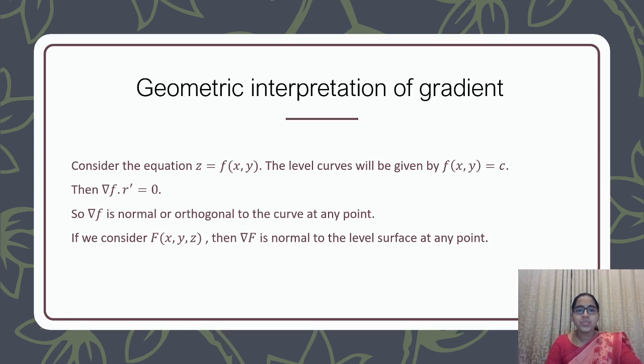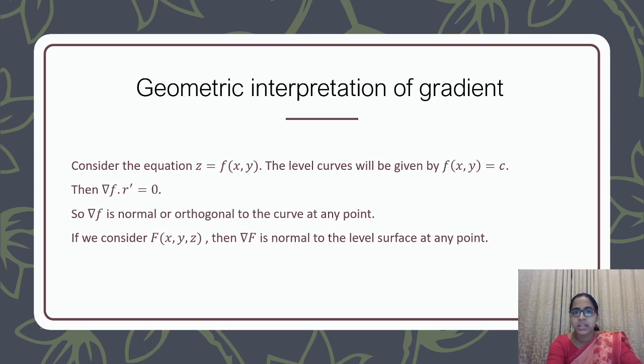We'll go into the proof. Since grad f dot r dash, where r dash is the derivative of the vector, is equal to 0, grad f is normal, or orthogonal, to the curve at any point. Similarly, if we consider the three variable case, that is capital F of x, y, z, in this case also grad F will be normal to the level surface at the point.